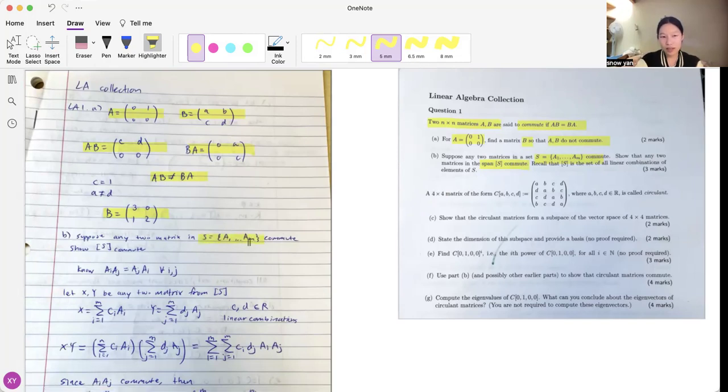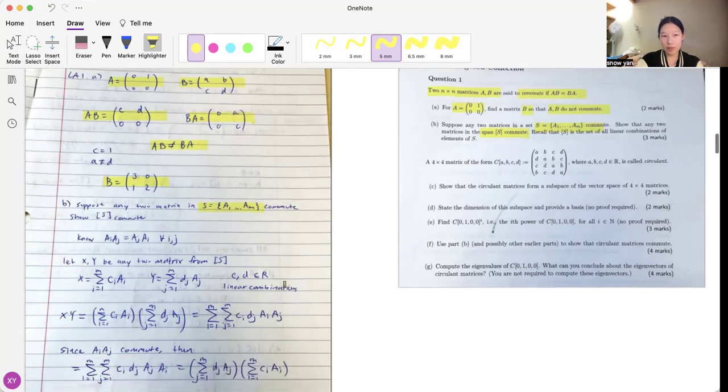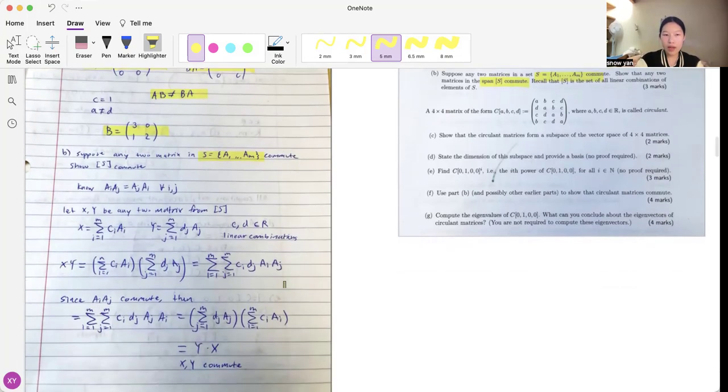S is equal to this, and it commutes. I want to show that the span does indeed commute. So I start off knowing that Ai Aj is equal to Aj Ai because I'm given that it commutes. The span is, by definition, the linear combinations of anything in S.